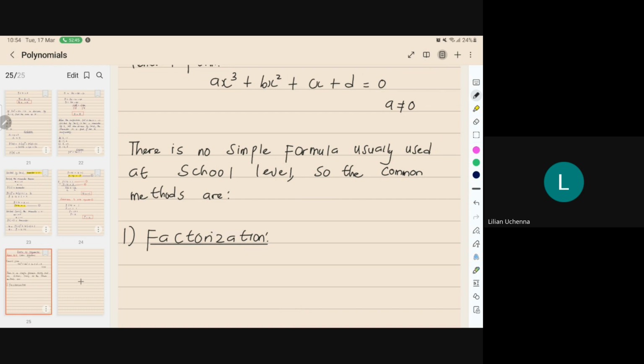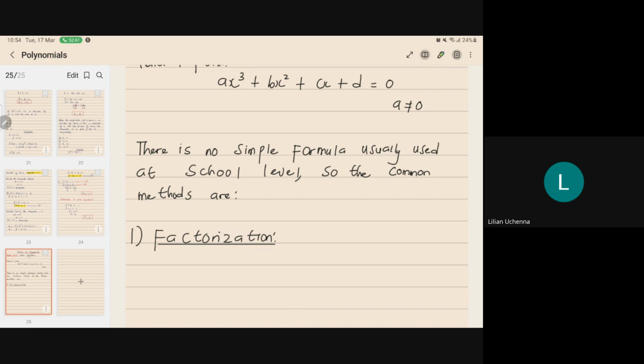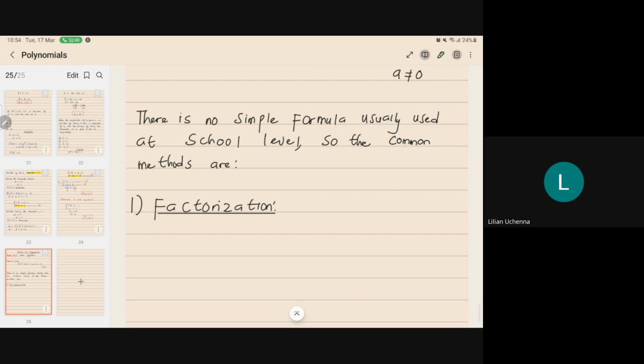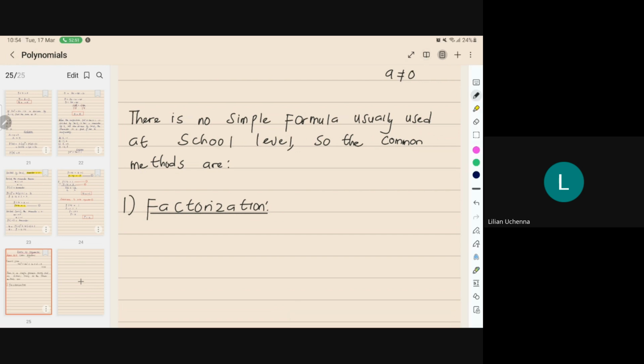So for your factorization, given that very equation, we try to factor it. When I solve an example, it's going to make more sense.